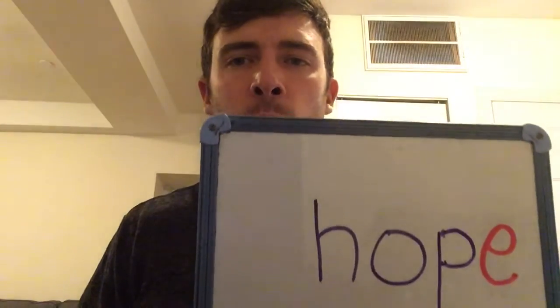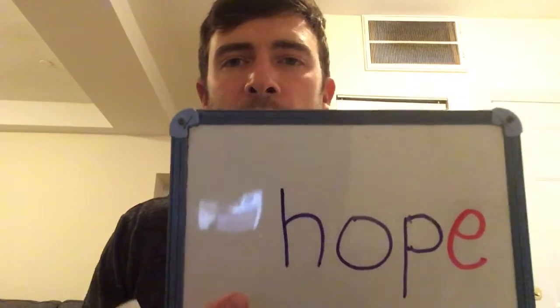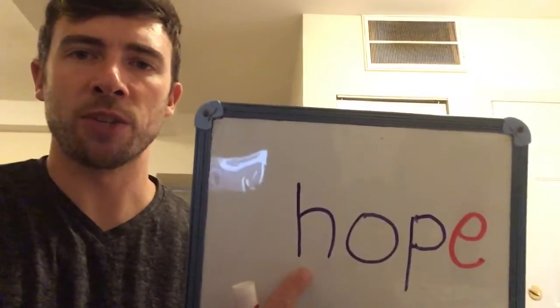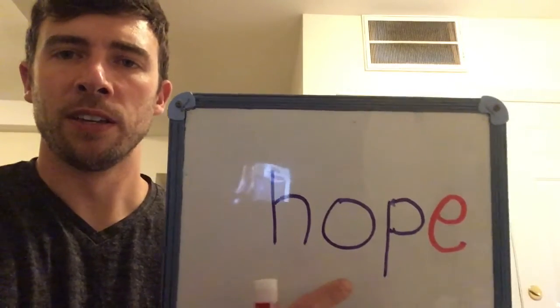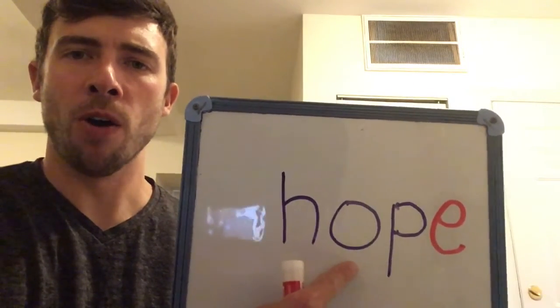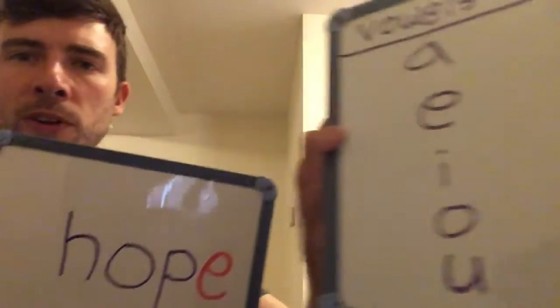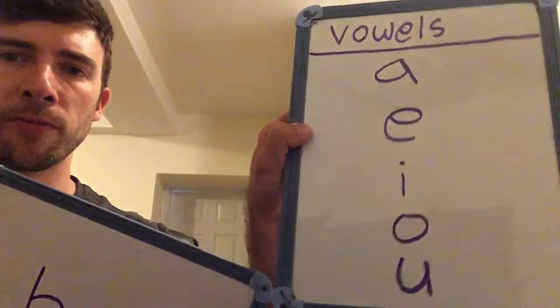This is a totally different word. Let's try it. The first thing I see is still the H making the sound. But now my O is going to be different because O is one of our vowels that you can see.